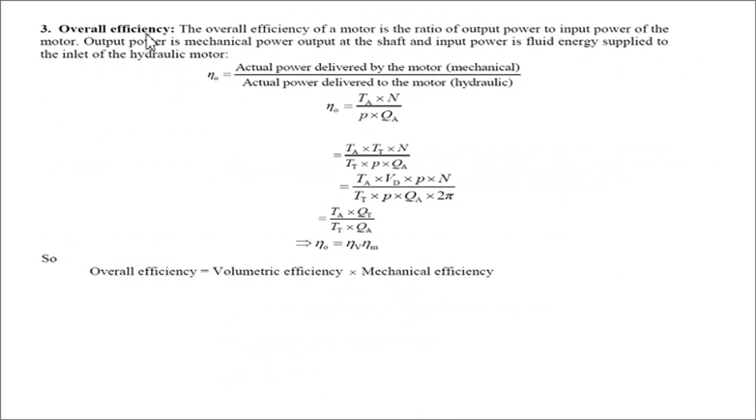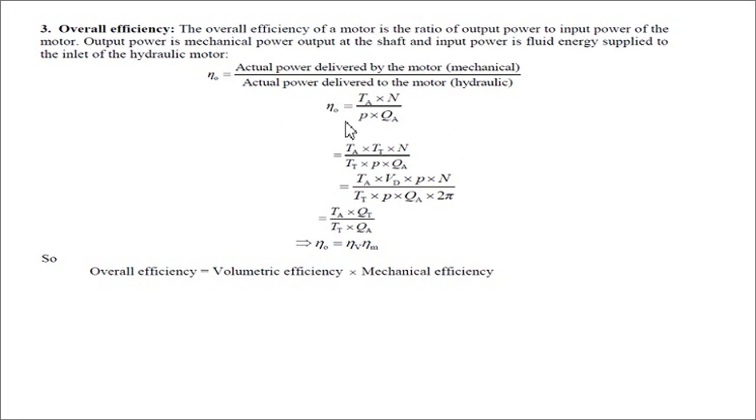Coming to the overall efficiency, it is nothing but the ratio of the actual mechanical power delivered by the motor to the actual hydraulic power delivered to the motor. The mechanical output from the motor is always less than the hydraulic power given to the motor.